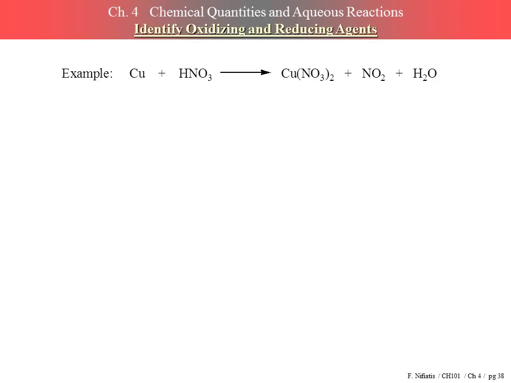Now, here I have nitrate and here I have nitrate, so this one is going to be +5 too. This one here, the oxidation number of the nitrogen, X, plus twice -2, that's the oxidation number of the oxygen, equals 0.